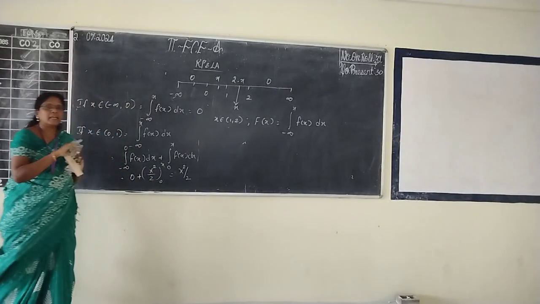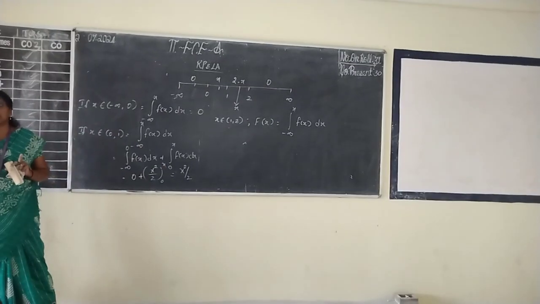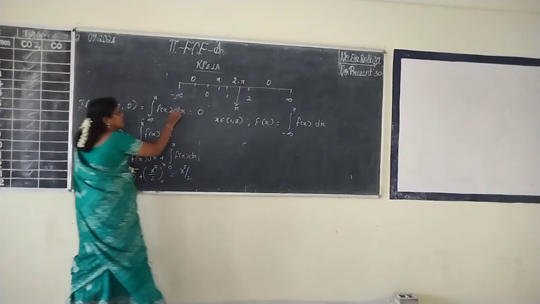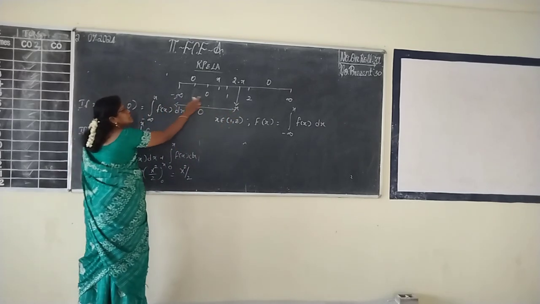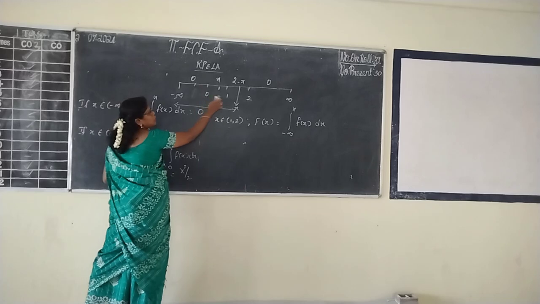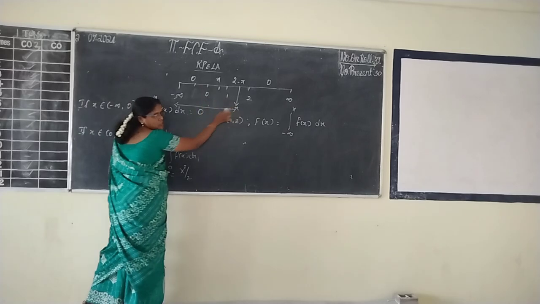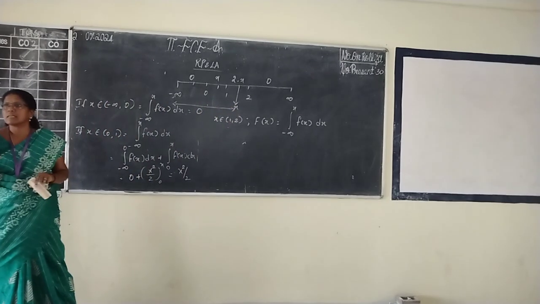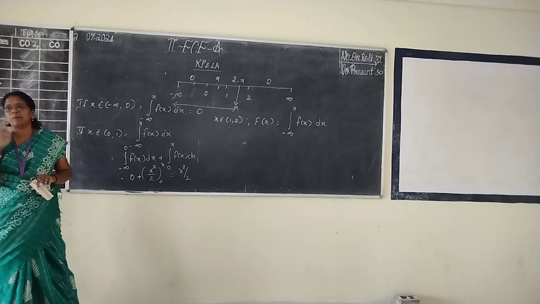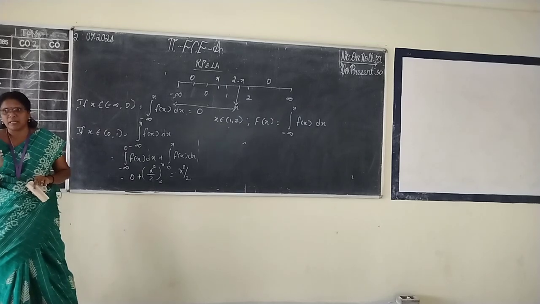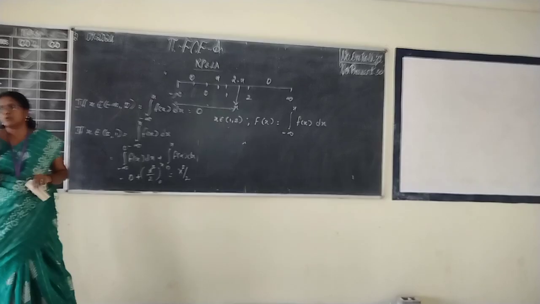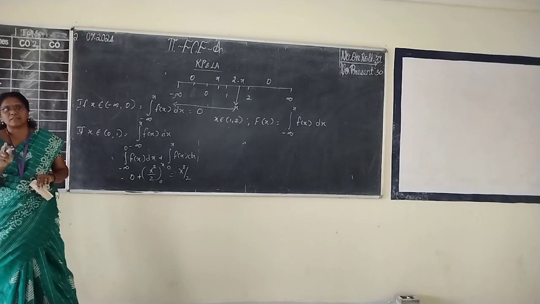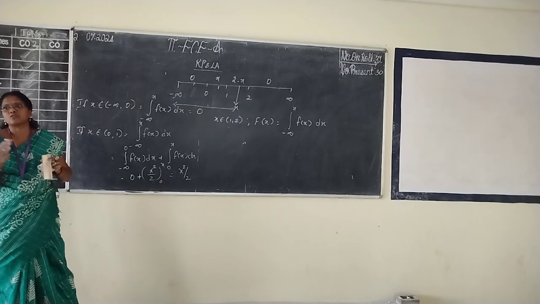Here the ranges are minus infinity to 0, 0 to 1, 1 to x, so we take 3 substitutions. From minus infinity to 1 you cannot go directly, because for minus infinity to 0, f of x is 0, and for 0 to 1, f of x is x. Since the two change, we split the integral.